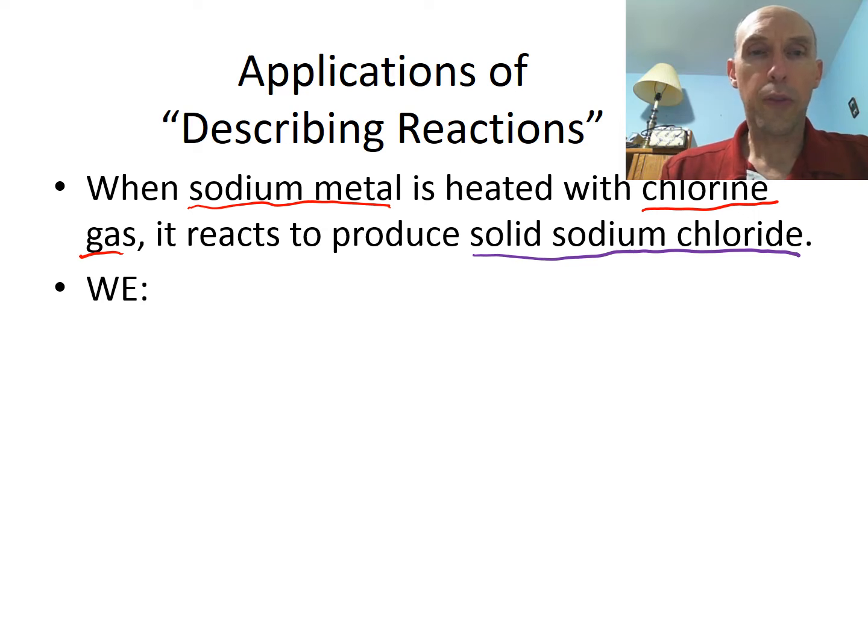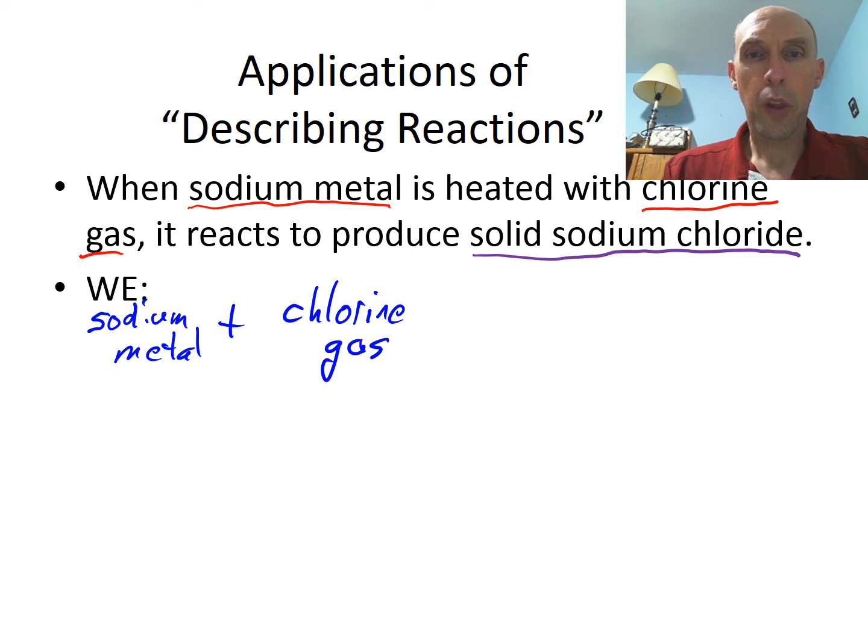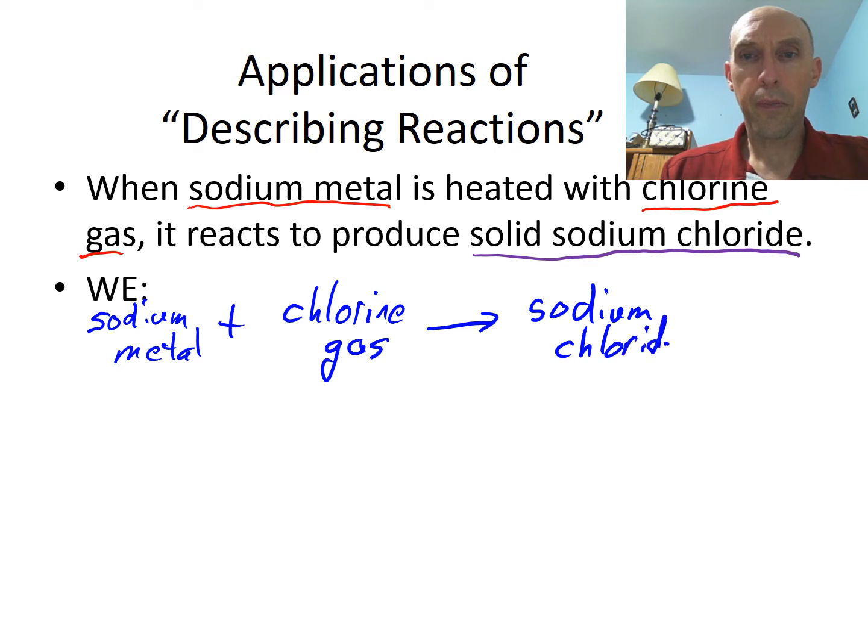So the word equation. To make sure it fits on one line, we're going to write words and then move down on your line pages. Sodium metal plus chlorine gas produces sodium chloride solid.